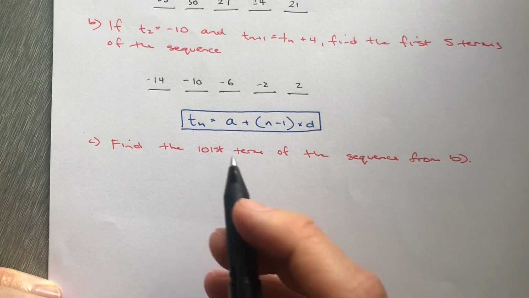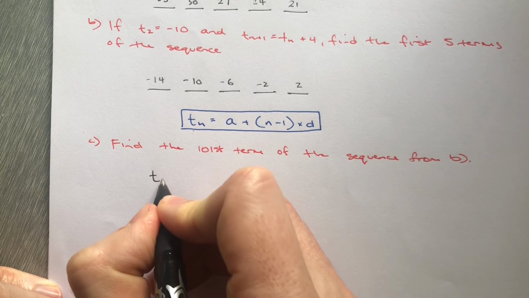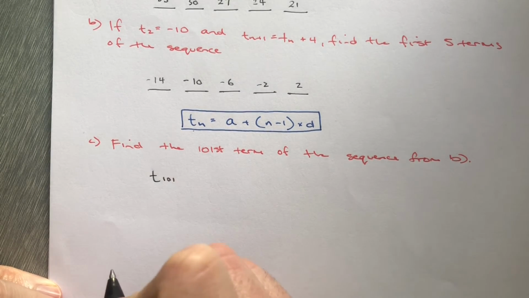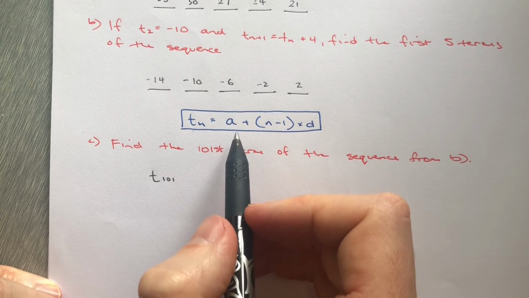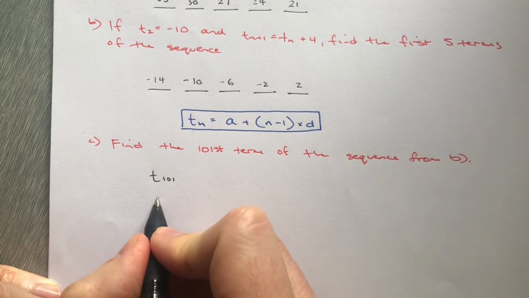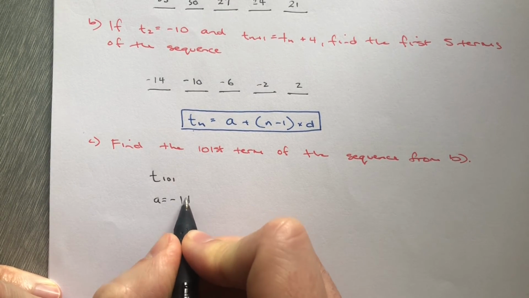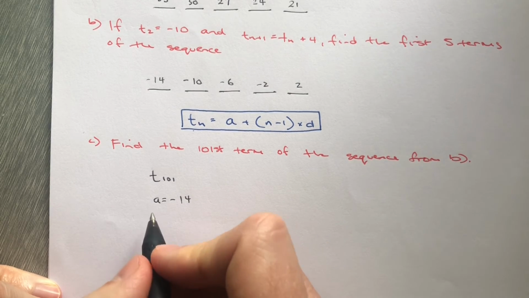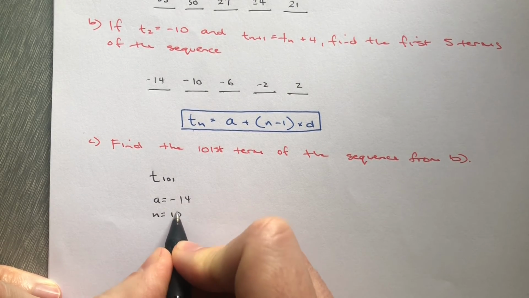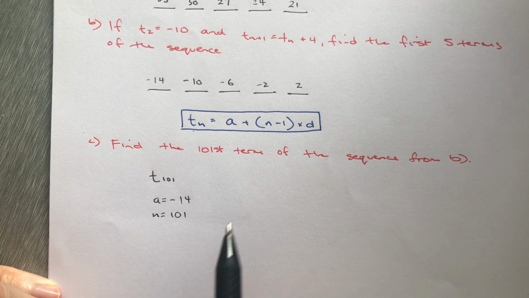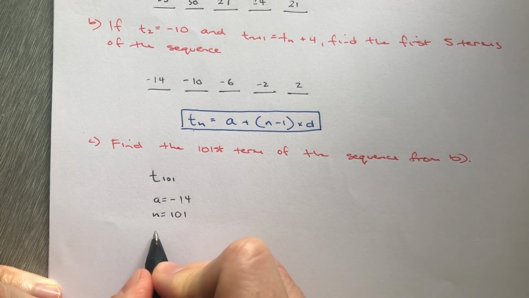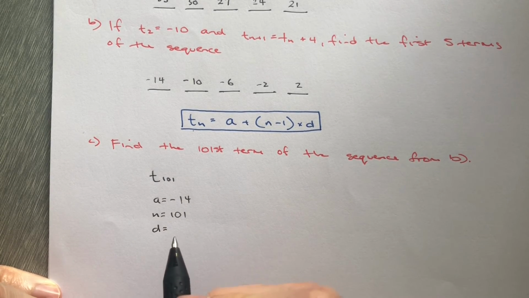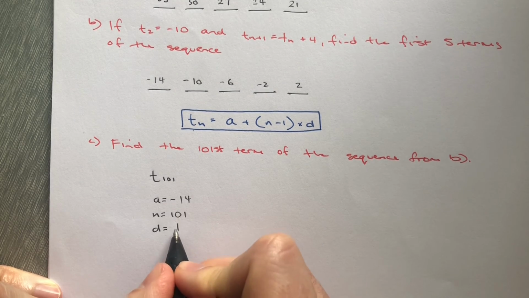We want the 101st term, so we're after T101. A is the first term of the sequence, so we want negative 14 as our first term. N is 101 here. And we want our common difference, which we worked out before was plus 4.